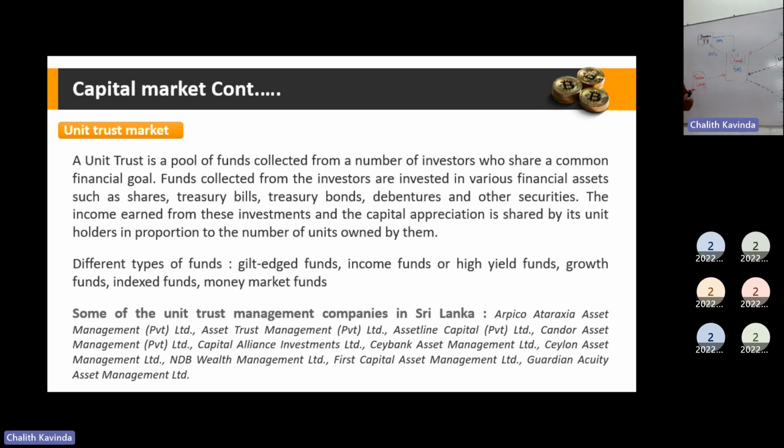Many funds are there, and these companies have many funds, equity funds, fixed income funds. You can select whichever fund you wish, then you can put your money. They will invest that money. Then the return will be shared considering the number of units or the money that you have invested.